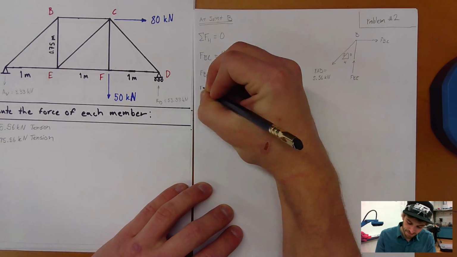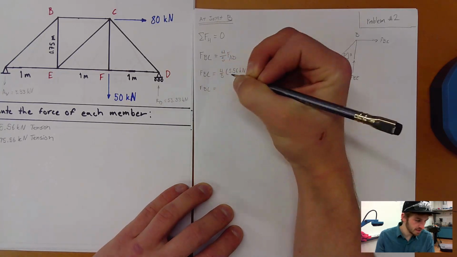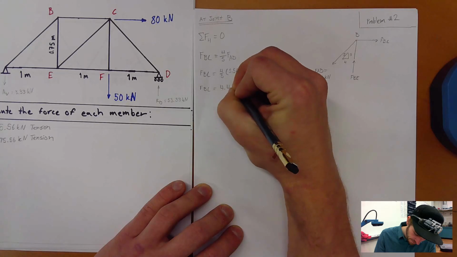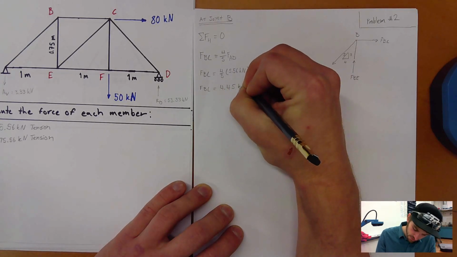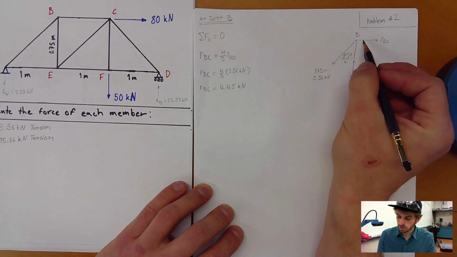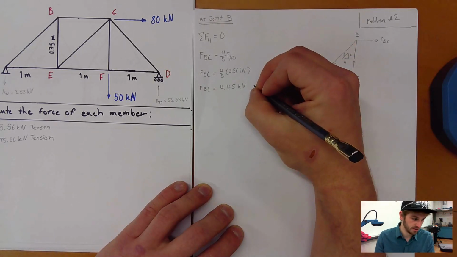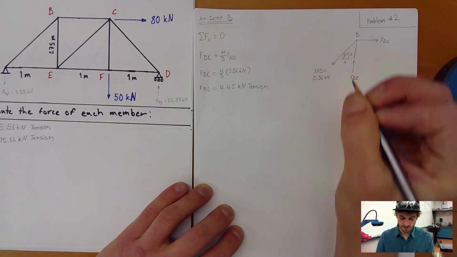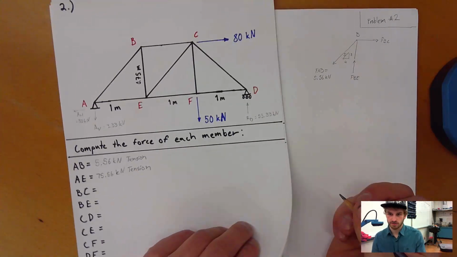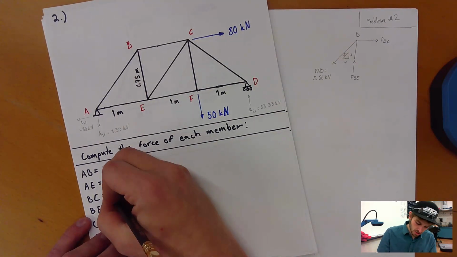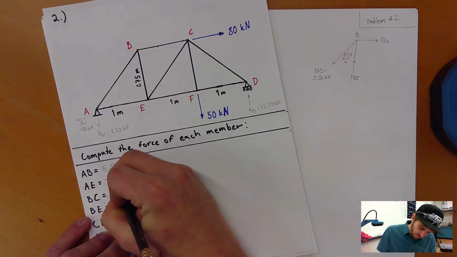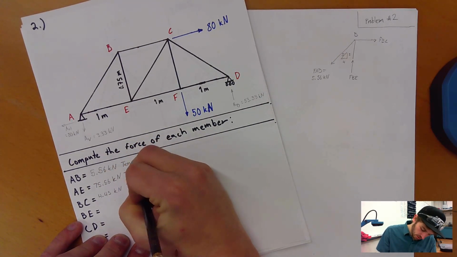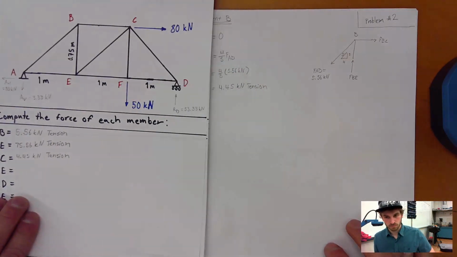That gives us FBC is equal to 4.45 kilonewtons. In which way is it pulling? In tension. Lovely. We can go ahead and throw that in there. FBC is 4.45 kilonewtons in tension.